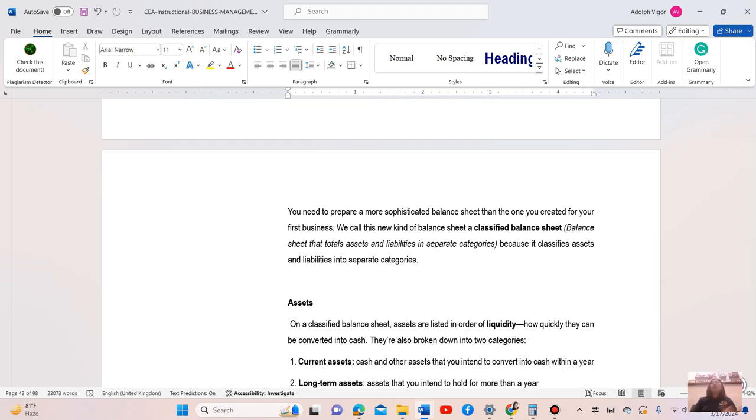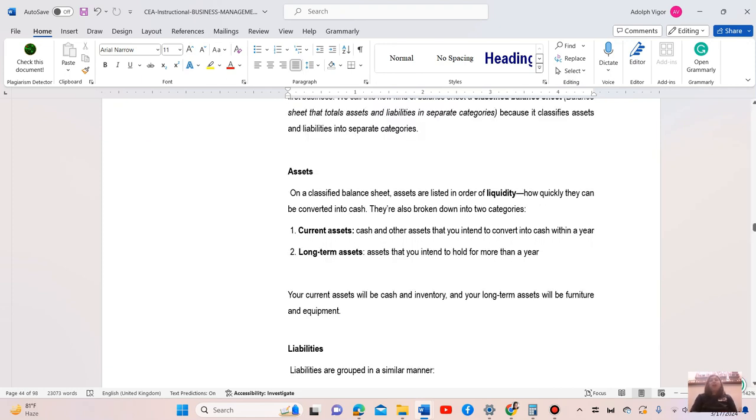A balance sheet that totals assets and liabilities in separate categories, because it classifies assets and liabilities. Assets on a classified balance sheet are listed in order of liquidity. What's liquidity? It's how quickly they can be converted into cash.